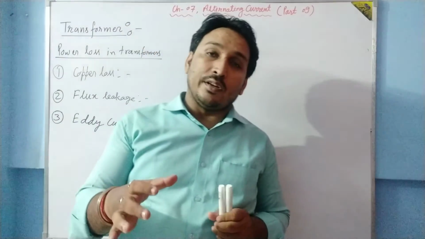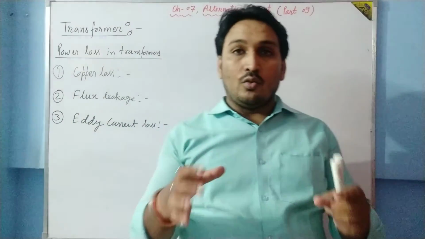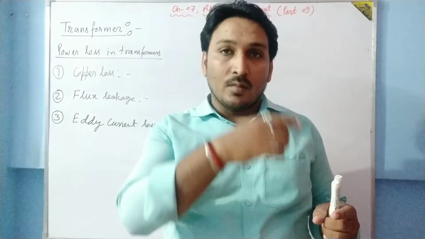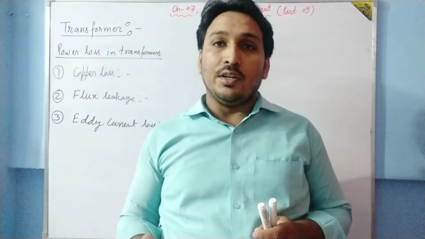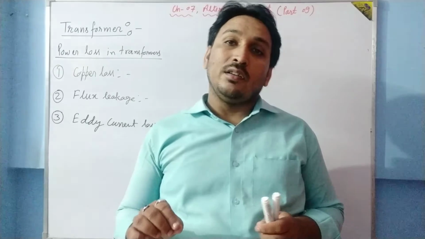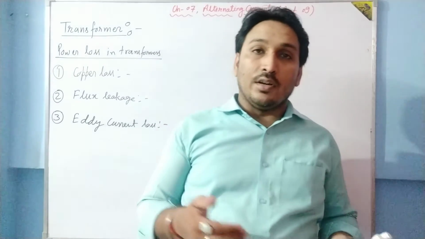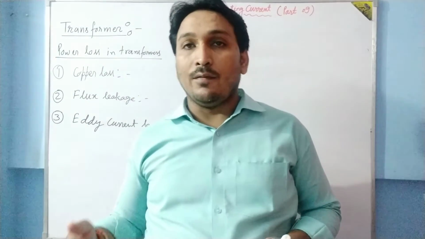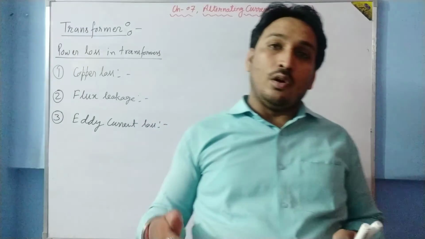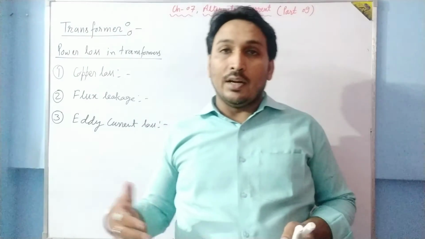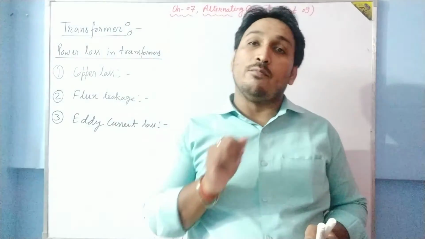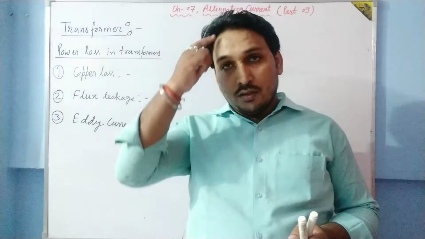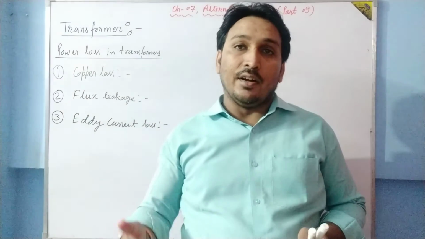On the core of the transformer, copper wires are there. In those copper wires, alternating current is flowing. Alternating current keeps on changing, and if the current keeps on changing, then the magnetic field due to that current also keeps on changing. And if the magnetic field keeps on changing, then eddy currents are generated over the core of the transformer. And because of that, the core of the transformer gets heated.